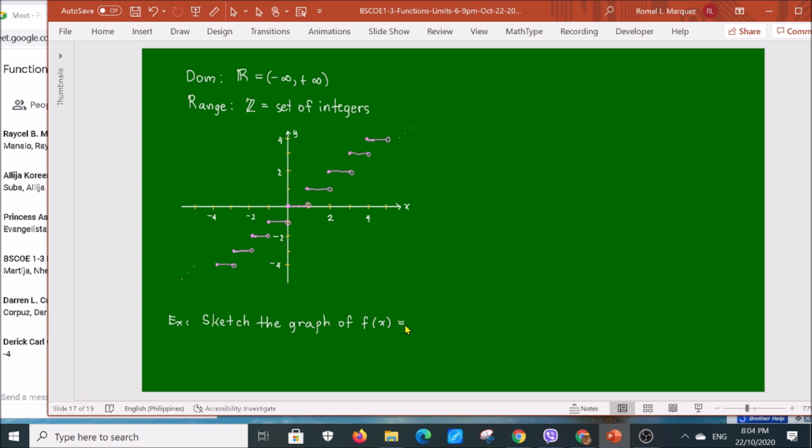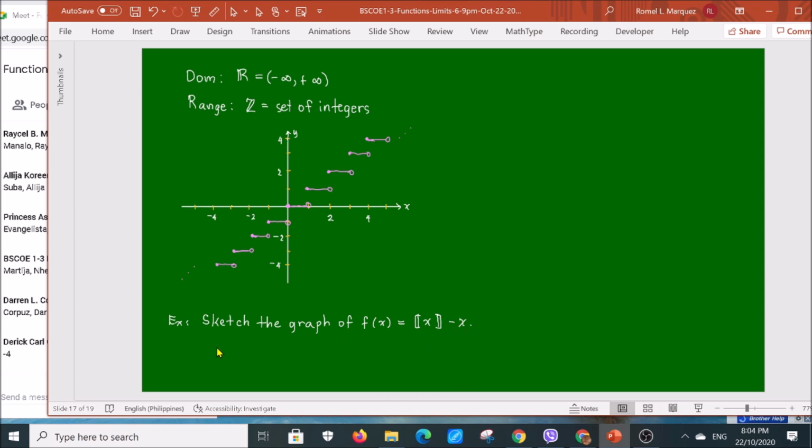It is equal to greatest integer of x minus x. Okay? So, sketch the graph of f of x equals this.